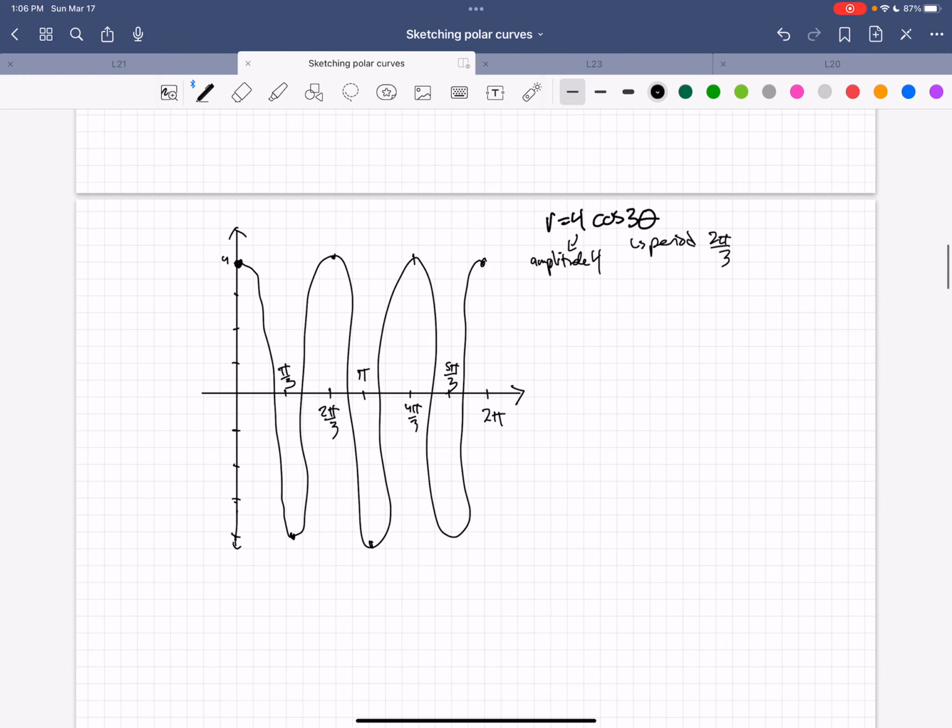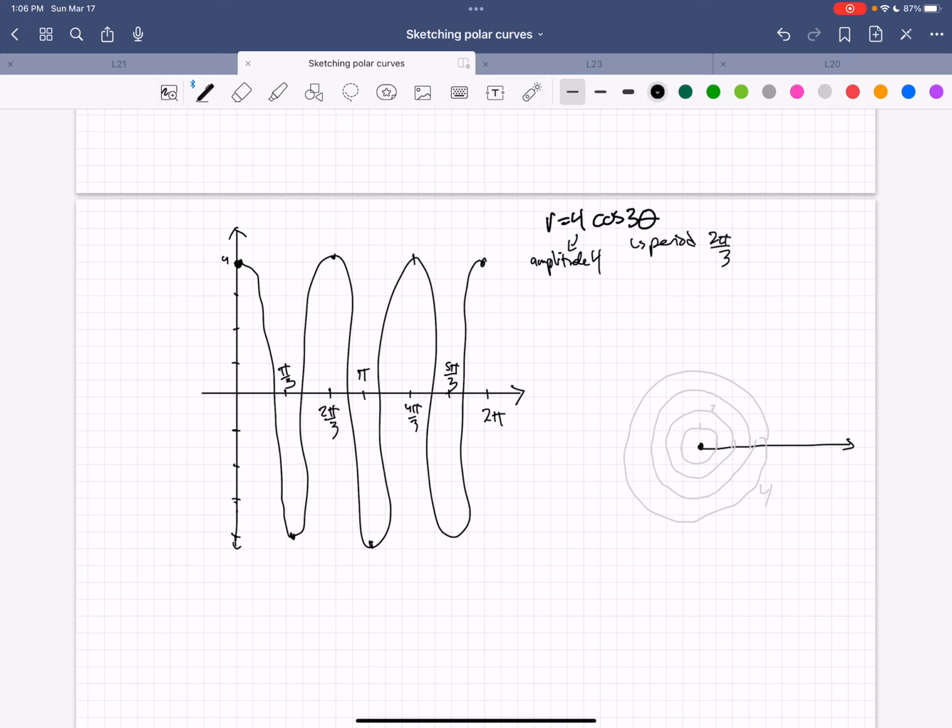So if we start to plot this out, this is radius 1, radius 2, radius 3, radius, oh geez, okay, radius 4, let's say.